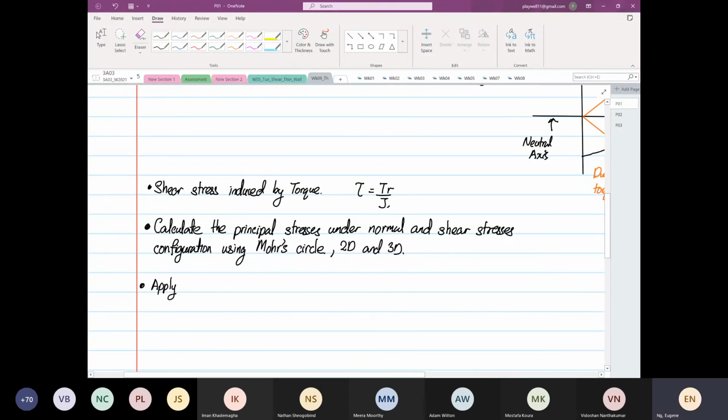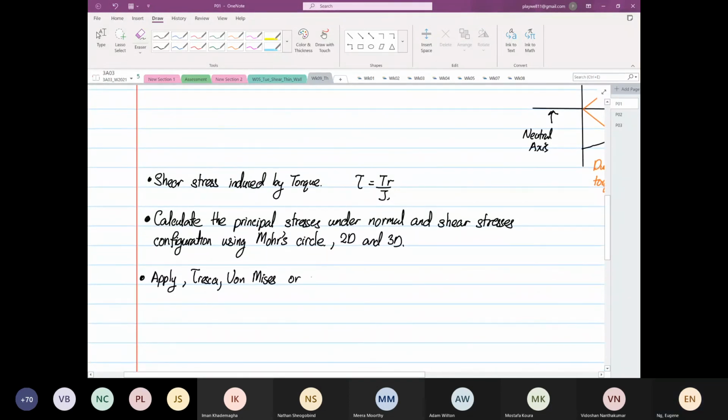We're also going to apply Tresca, von Mises, or Mohr criteria for failure analysis.